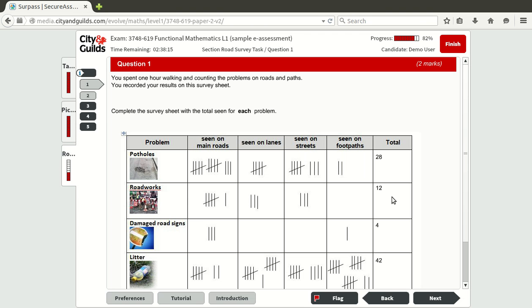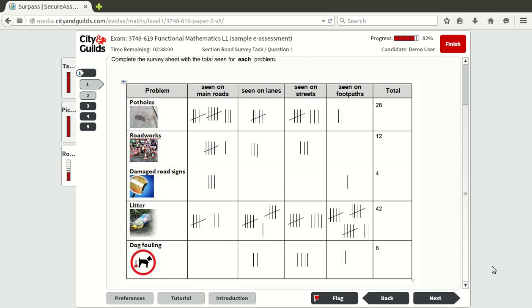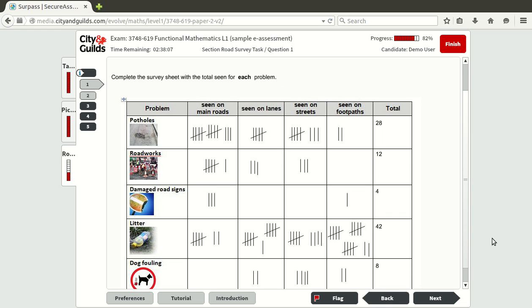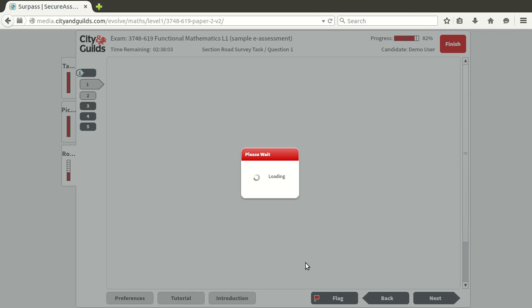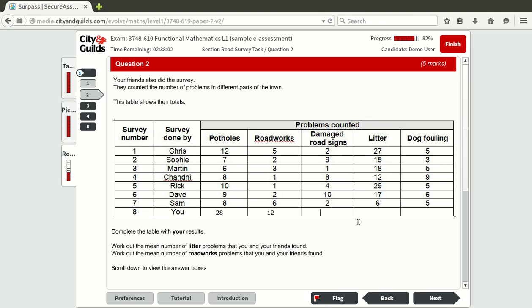Damaged signs were 4. Litter was 42, and dog fouling was 8. So it's 4, 42, and 8. I hope at this point you understand what I'm doing.